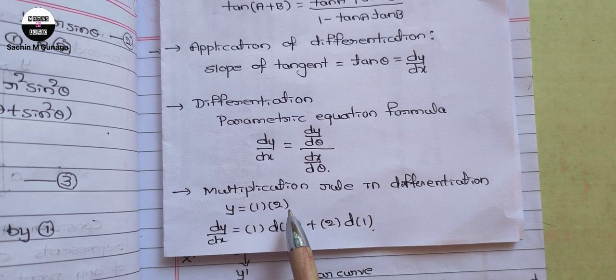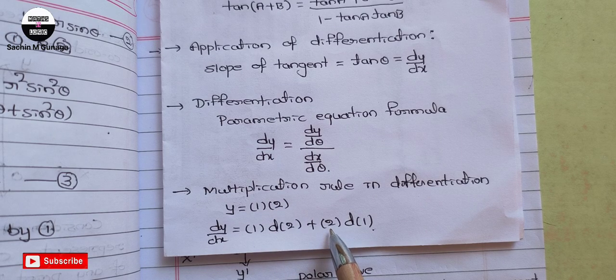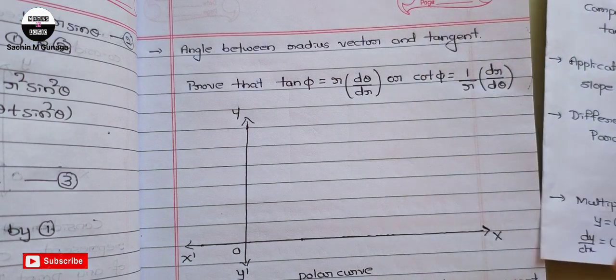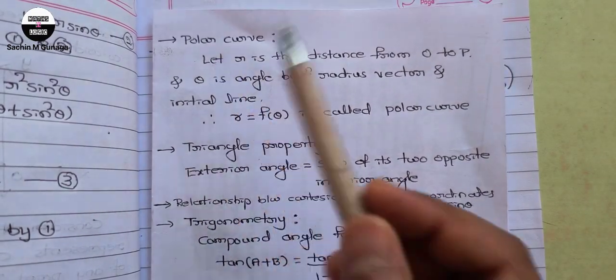If two functions are multiplied, then dy by dx is the first function as it is into the differentiation of the second function, plus the second function as it is into the differentiation of the first function. If you want to prove this result, these are the points we should remember.